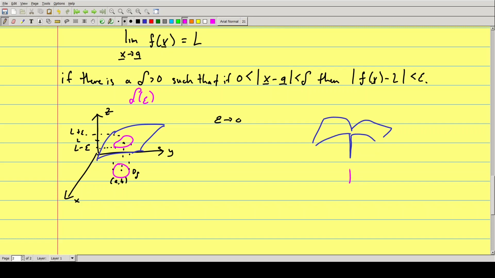To where if I were trying to come at the limit this way, I would get this answer down here. But if I came up on the top part, it would give me some other value. Okay? That's a problem. So we need to make sure that we're a little bit more careful about how these things go.